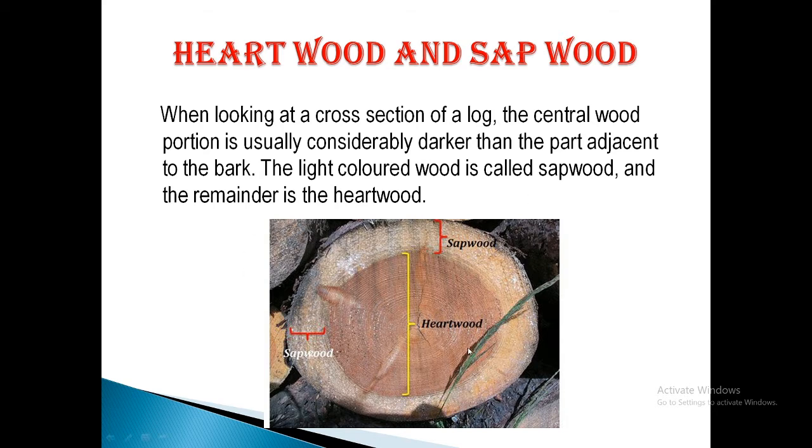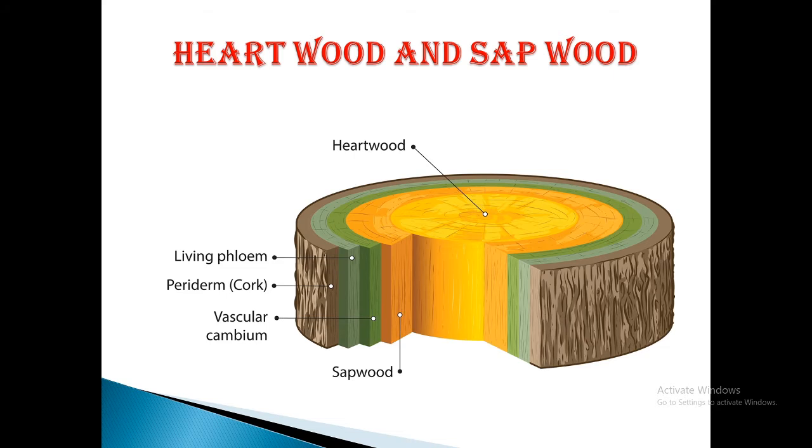The sapwood changes into heartwood very gradually. During the transformation, a number of changes occur. All living cells lose protoplast, the water content of cell walls is reduced, and food materials are withdrawn from the living cells.